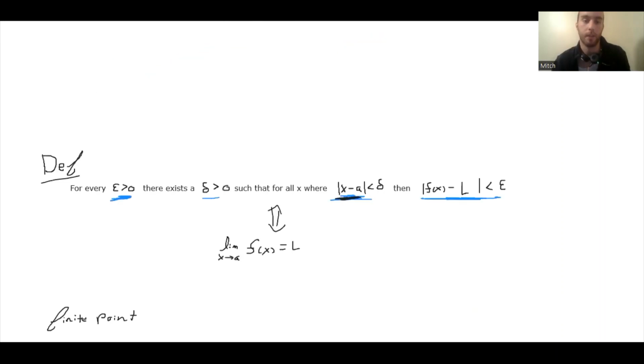But yeah, you really just have three options for limits. So either the limit is a finite point, like that example of that graph we just saw.